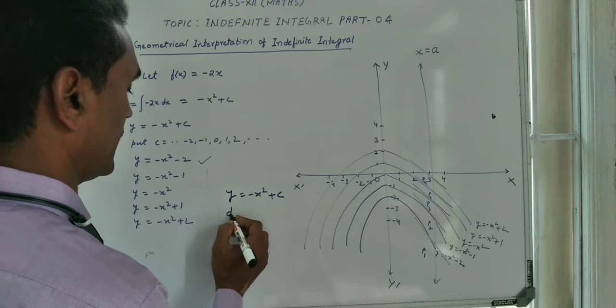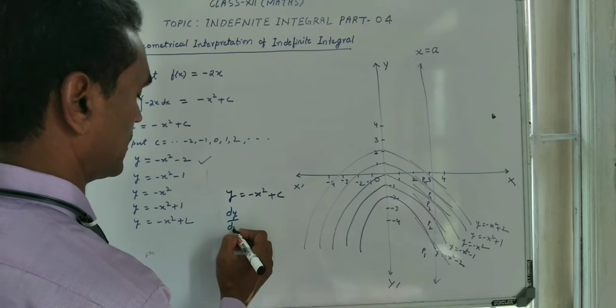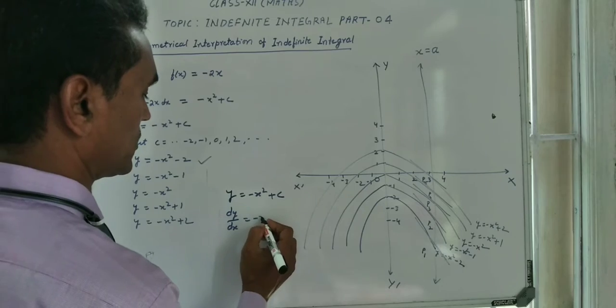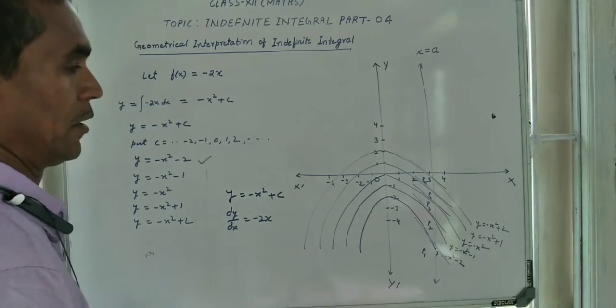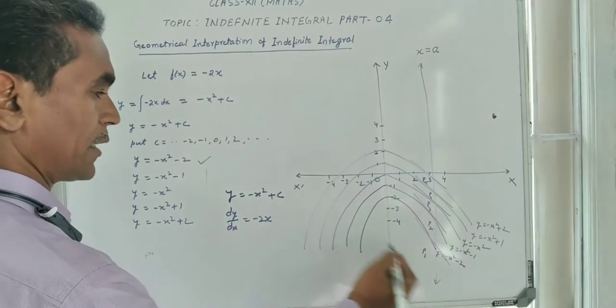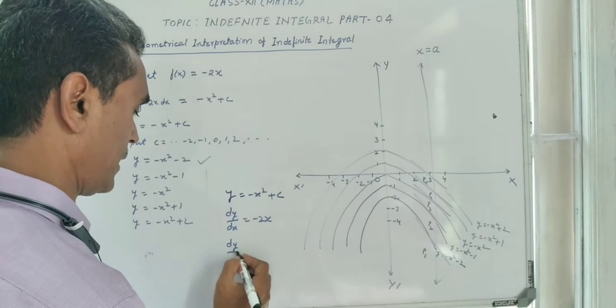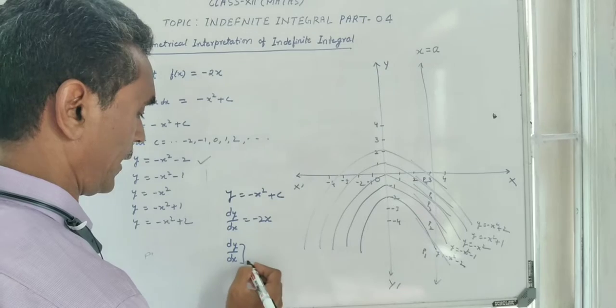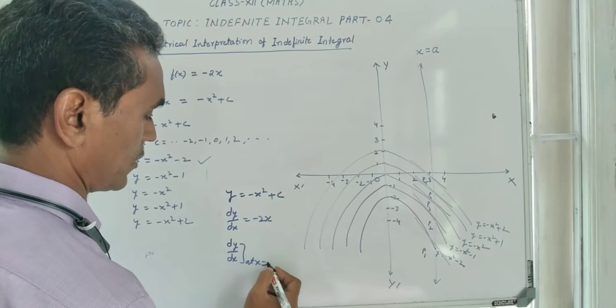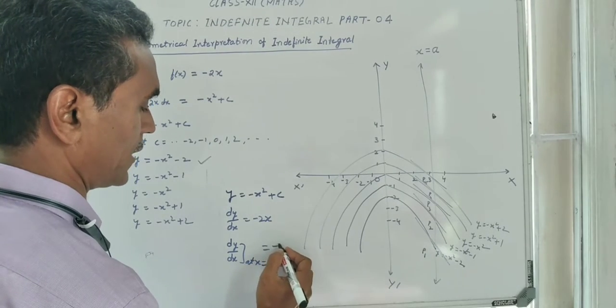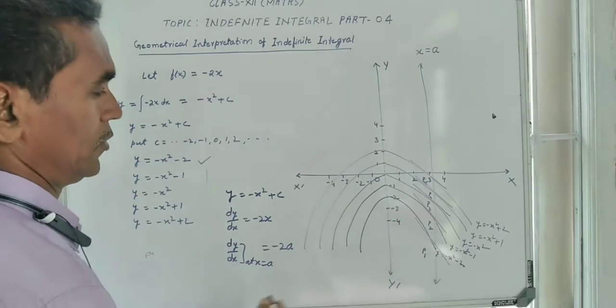So find its derivative: dy by dx equals minus 2x. Now the derivative at point x equals a, dy by dx at x equals a, will be minus 2a.